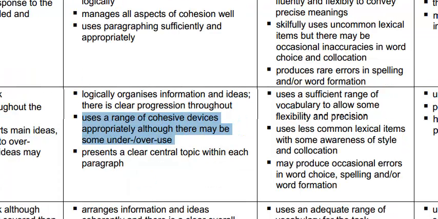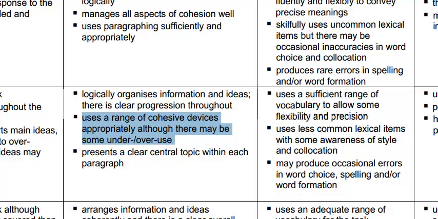If we contrast band score 6 with band score 7, it reads uses a range of cohesive devices appropriately, although there may be some under or overuse. So the difference is you're not making the mistakes that a band score 6 person would make in terms of the grammatical accuracy or the relationship between ideas.